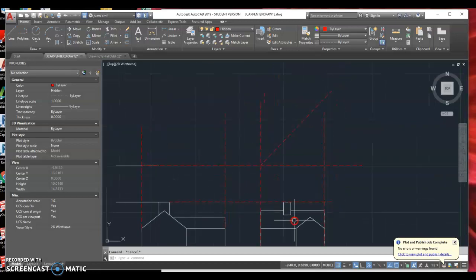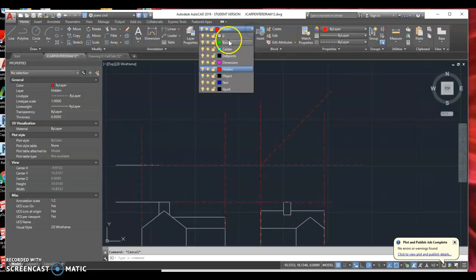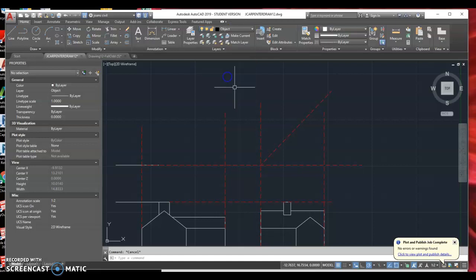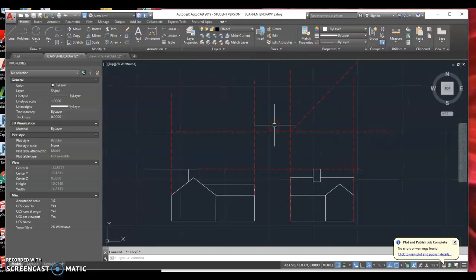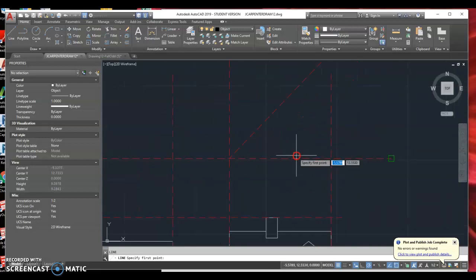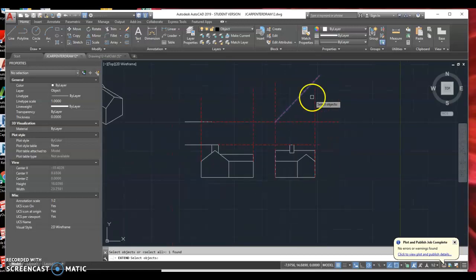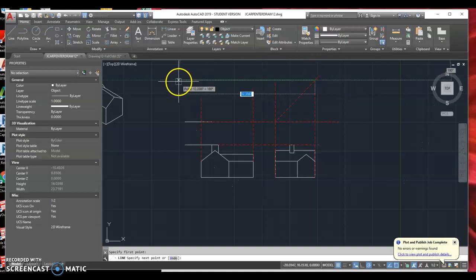And so if we change back over to object, we can draw a line, and it will be, to extend this one, it'll be coming over from there.